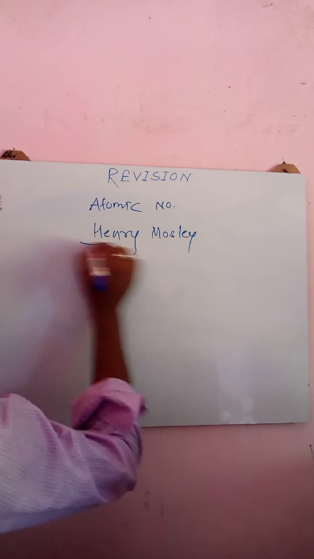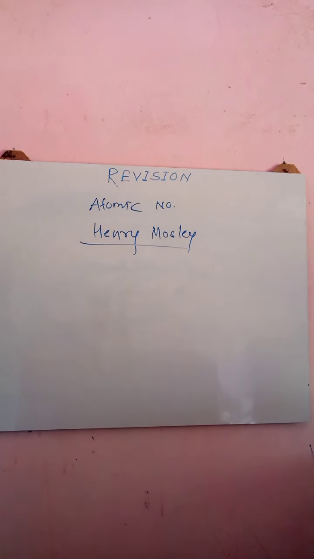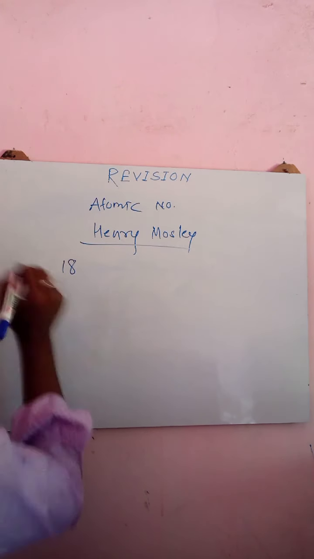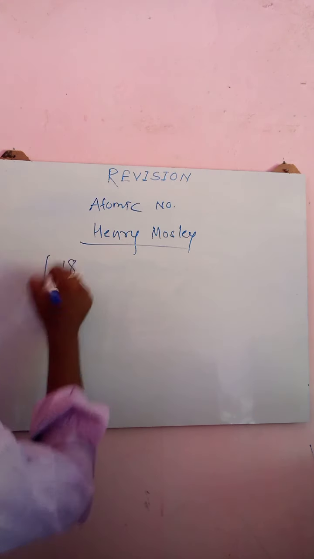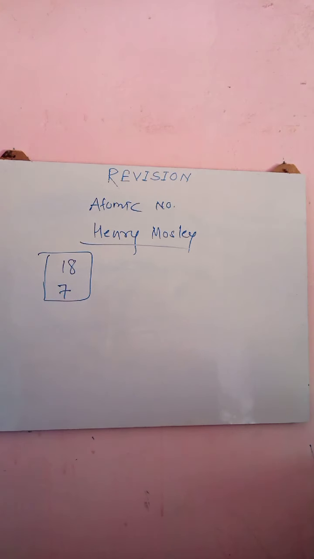Actually, atomic number was the most appropriate concept for the classification of elements. That's why Henry Moseley used it to classify the elements into 18 groups and 7 periods. Okay? So in Moseley's periodic table, 7 periods and 18 groups are present.